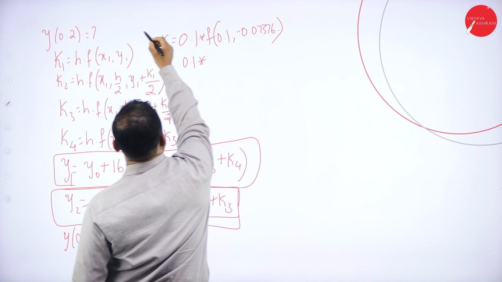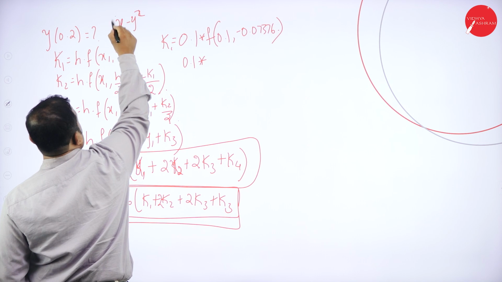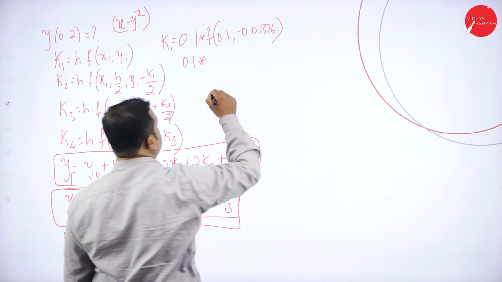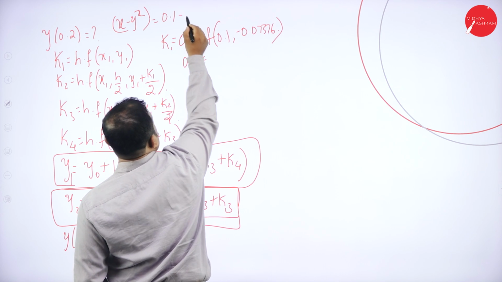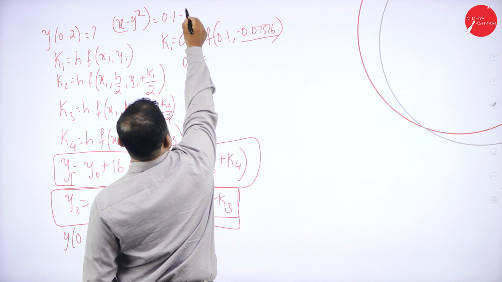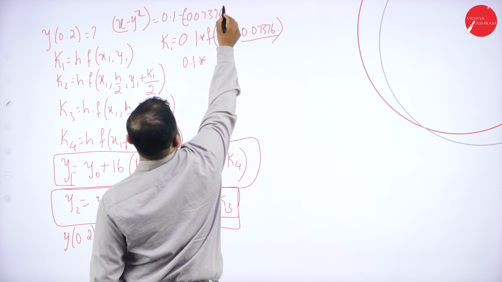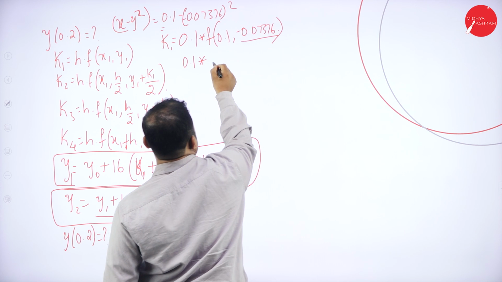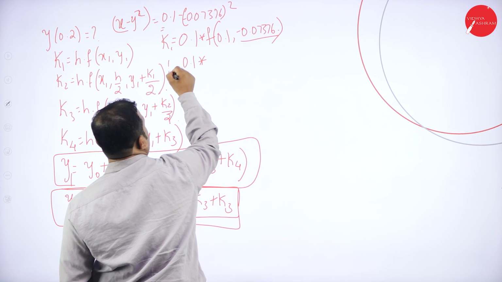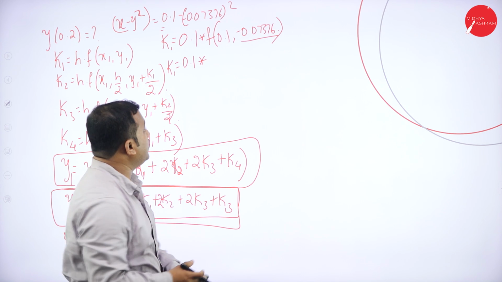What is the equation given here? x minus y squared is the equation we have considered here. So 0.1 minus this term, that is minus 0.07376 whole squared, gives me some value that has to be substituted here and multiplied by 0.1 to get the value of k1. Let me use the calculator now.